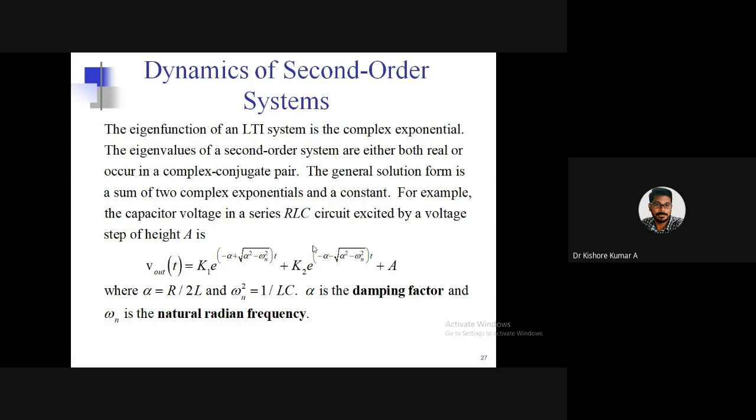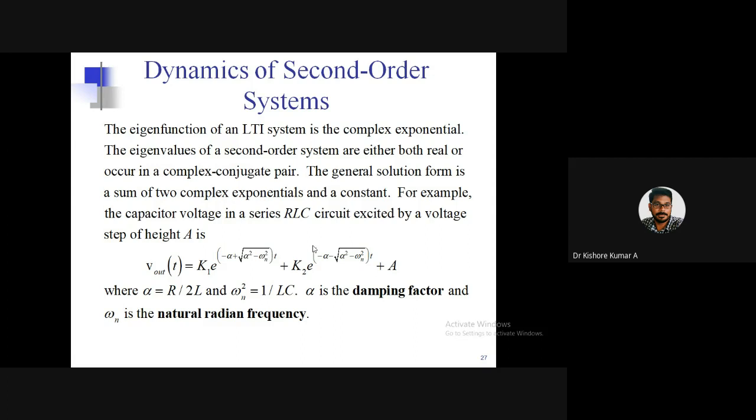The example given is the capacitor voltage in a series RLC circuit excited by a voltage step of height A, the so-called amplitude. So V out can be given as K1 e to the power of minus alpha plus root of alpha square minus omega n square, times t, plus K2 e to the power of minus alpha minus root of alpha square minus omega n square, times t, plus A. This A is nothing but your step height.